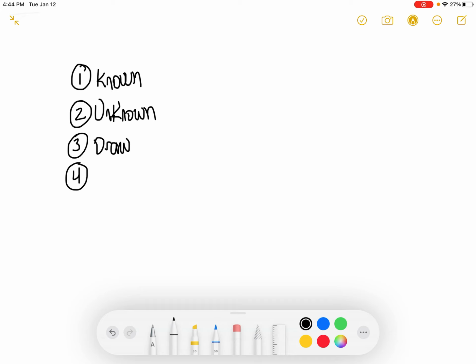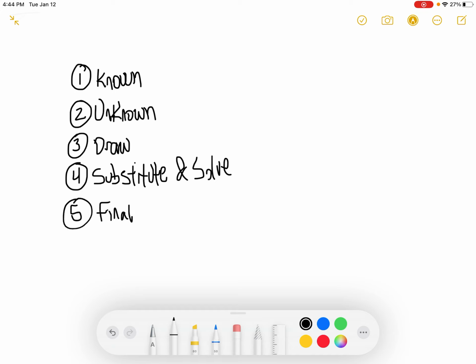Then you need to substitute and solve. And then finally, you get your answer with units.